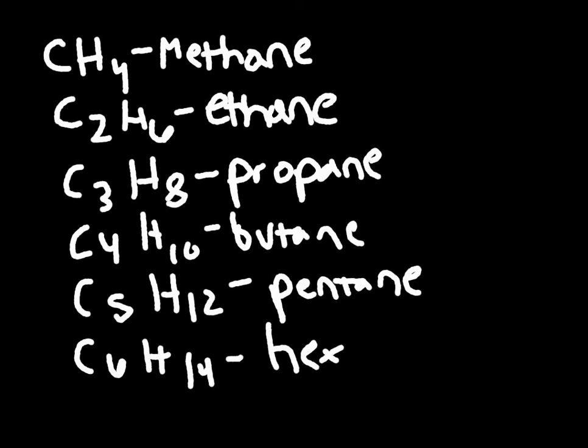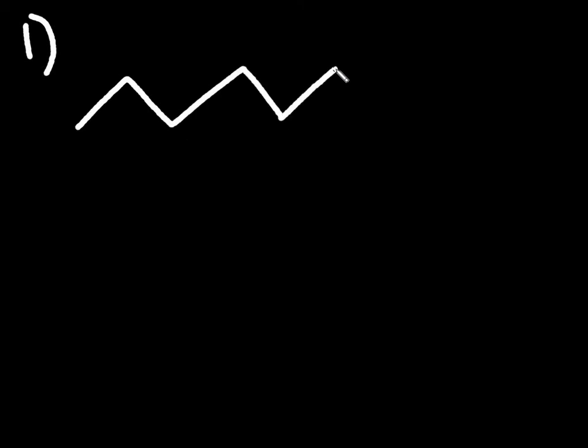Hold on, let me get rid of this. Okay, so let's look at an example. Now, what would be the name of this compound? Well, we see that there's a carbon here. 1, 2, 3, 4, 5, 6.